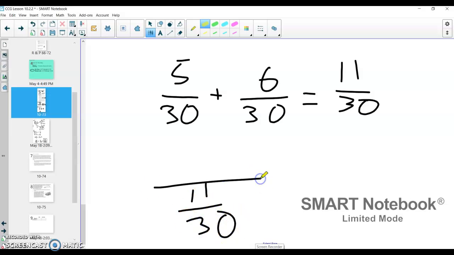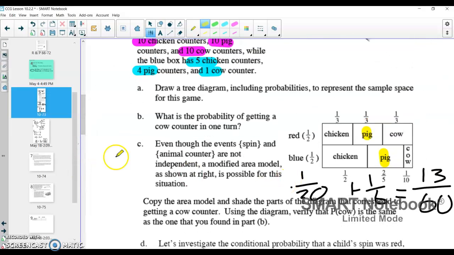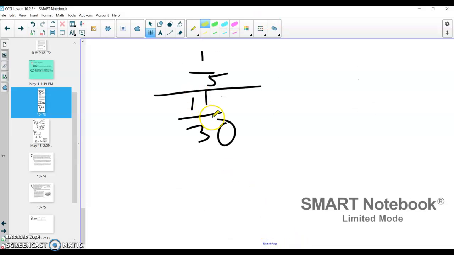And then we're going to put in the numerator the specific probability of getting a blue pig. The specific probability of getting a blue pig is 1/2 times 2/5, which is 1/10 again, or sorry, 1/5. And then again, it's going to be keep, change, flip, so we can divide these fractions.